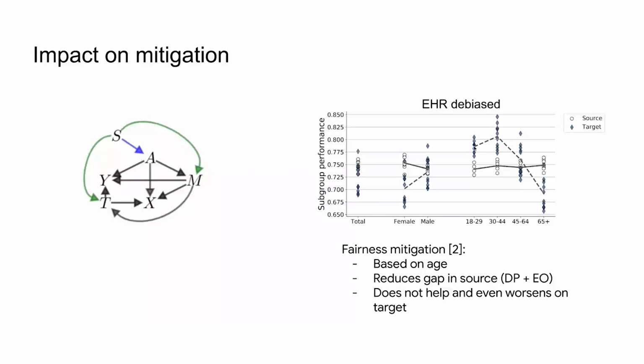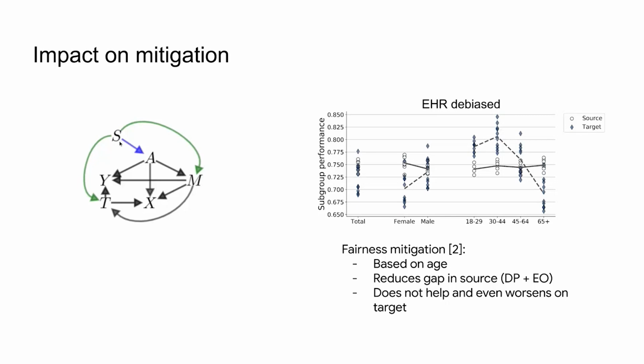Whether we use demographic parity or equalized odds to debias those predictions, and this figure is around equalized odds, it helps on the source, but it doesn't help, or it makes it even worse, on the target. We can also see that the variance across different seeds is getting really large. So this really shows some kind of instability of that signal.